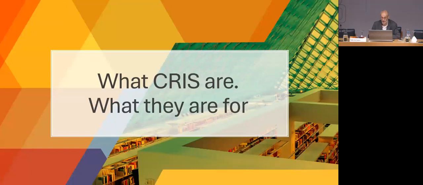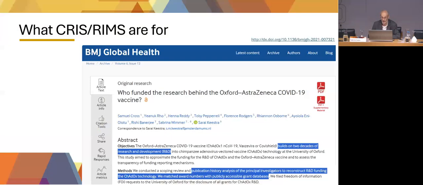I will start with what CRIS systems are and what their objectives are. I'd like to start with an example of a recently published journal article. We had yesterday an example of "La ciencia se nos pudre", I think it was a quote from Eva. This is a different sort of example.